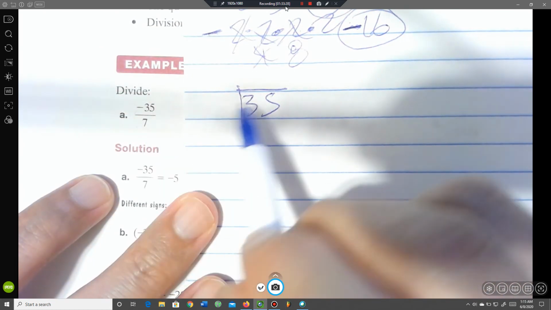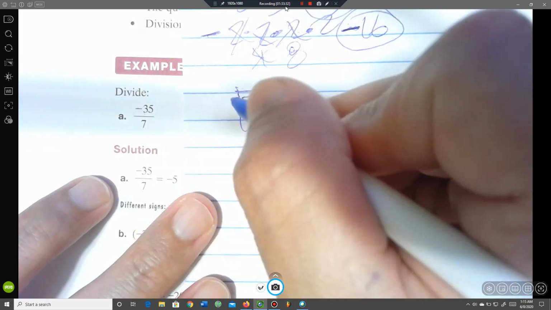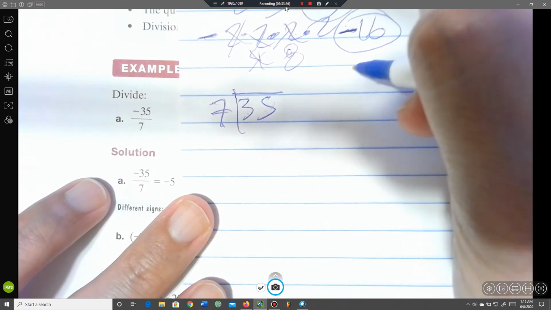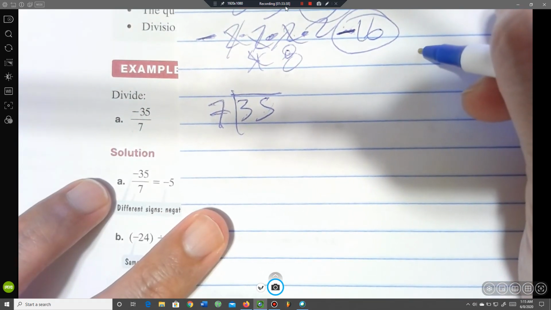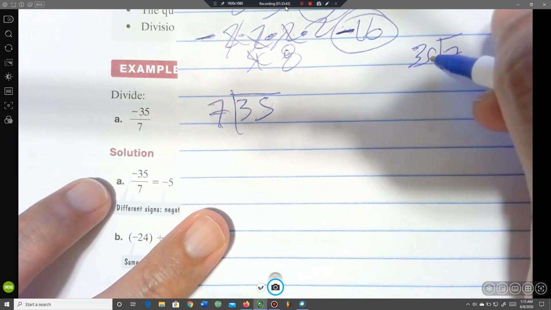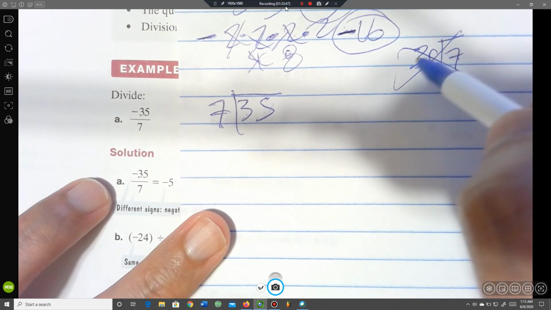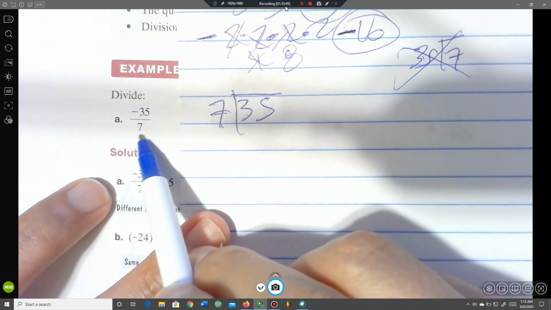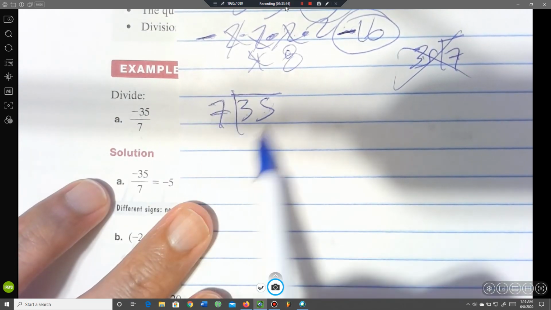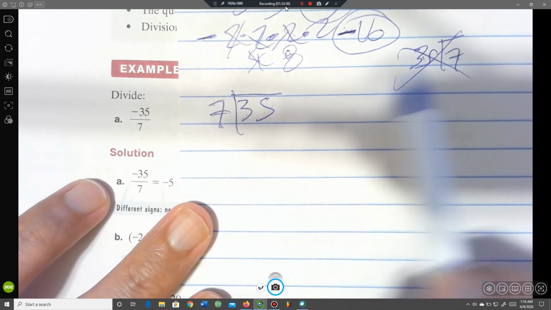Make sure you write this value at the top, inside, and this value goes out here, not the other way around. If you write this 35 outside, that would be wrong, because you'd be dividing 7 by 35 and not 35 by 7, okay? So make sure you don't swap these two.